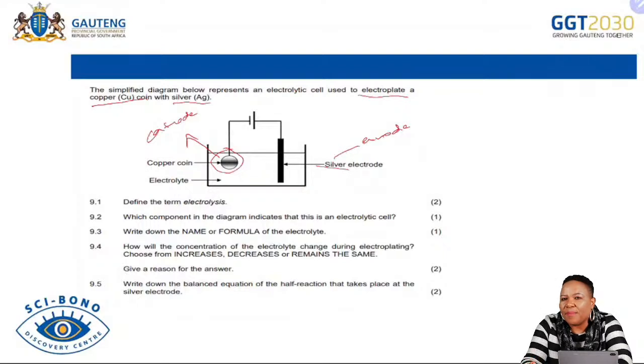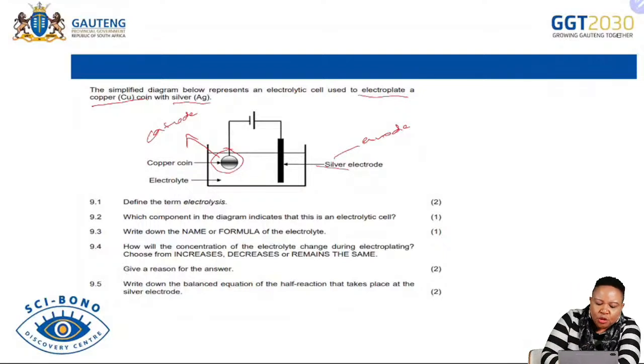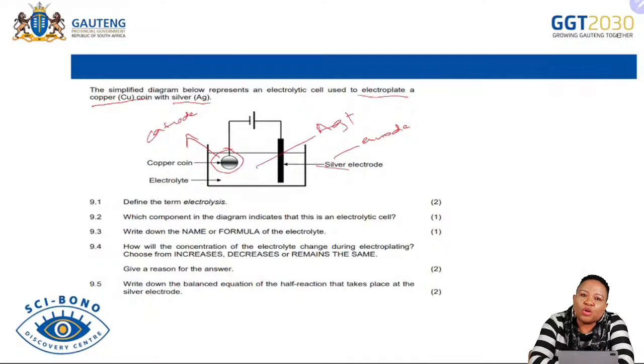Remember, the copper coin is not important also in this process, because it's the one that will be coated at the end. So we are expecting that we have our electrolyte, and definitely our electrolyte must have what? Silver ions, because they're the ones that must be reduced to silver. They're the ones that must undergo reduction and form silver.